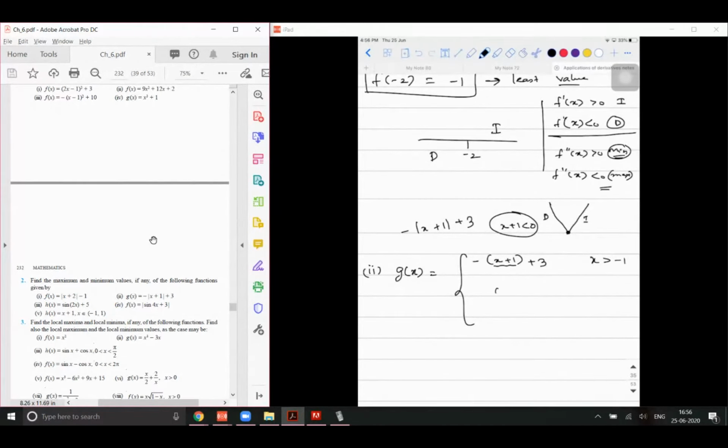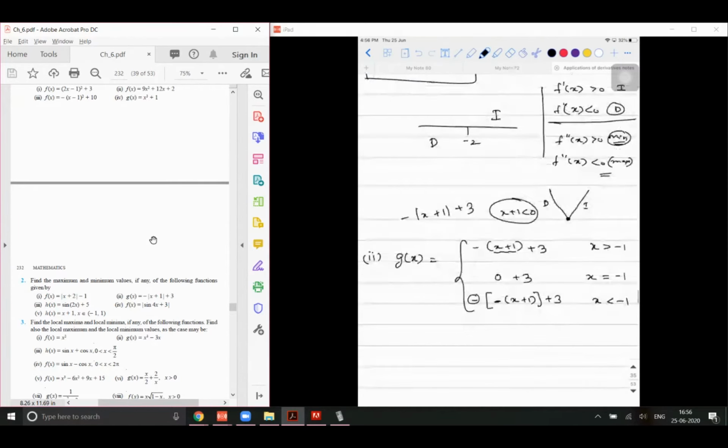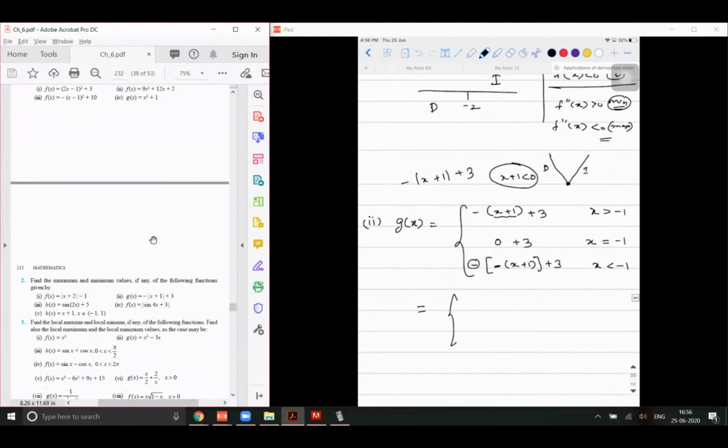Then this will be 0 plus 3 when x is equal to minus 1. Then what will happen? It will be minus of x plus 1 plus 3 where the value of x is less than minus 1. This minus came from the modulus and this minus is already there in the function. So this is the trickiest part about this question.